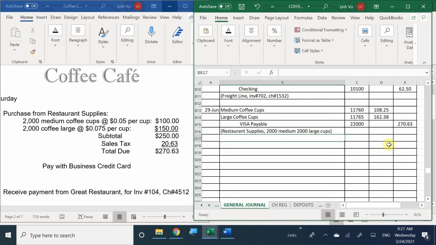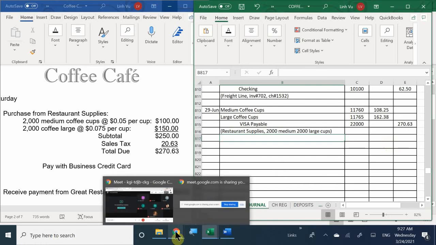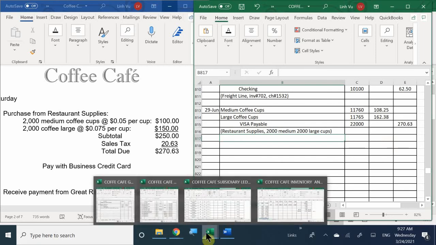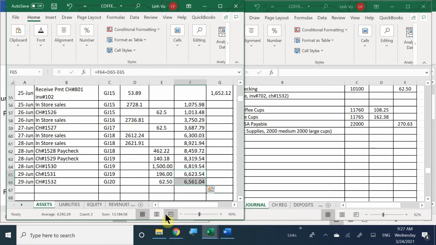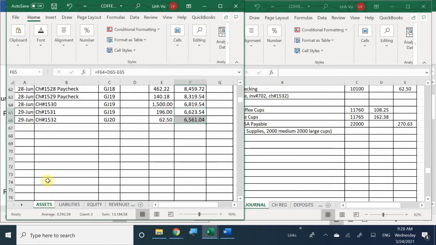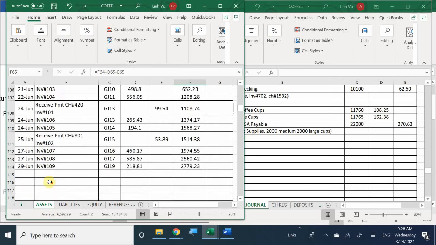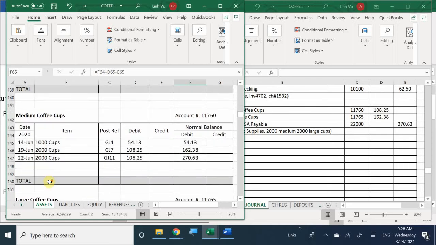Okay. So what's next? Ledger. Here we are. So we bought business supplies. In my assets, it should be fairly at the top. Here we are, medium coffee cups.